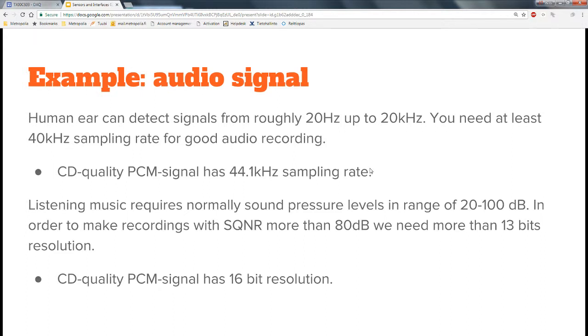So basically the minimum requirement for having 80 dB signal to quantization noise ratio gives 13 bits. A few bits more doesn't hurt, but that's why so-called CD quality is a pulse code modulated signal, meaning just tabulated values at that 44.1 and 16-bit resolution, because it's 2 bytes.